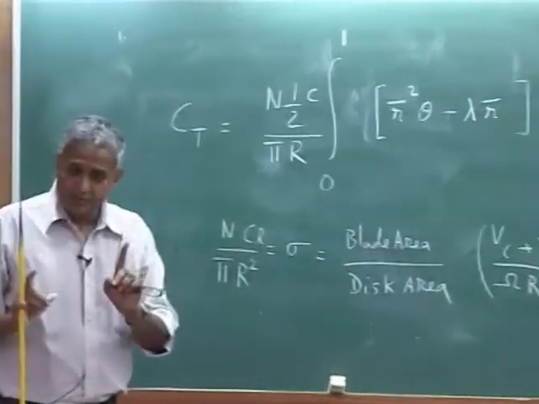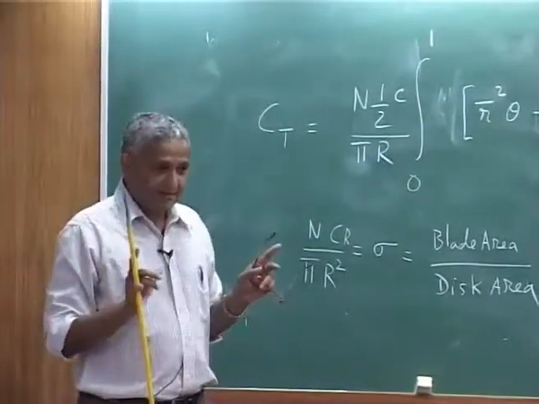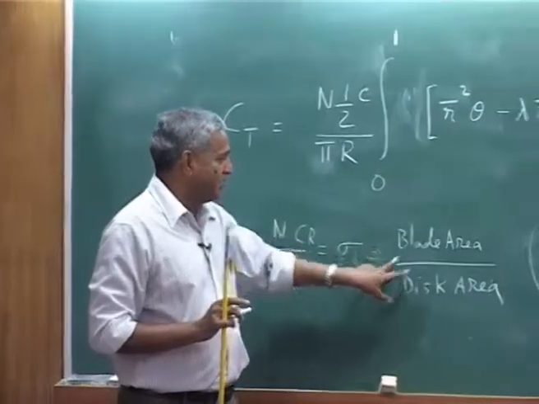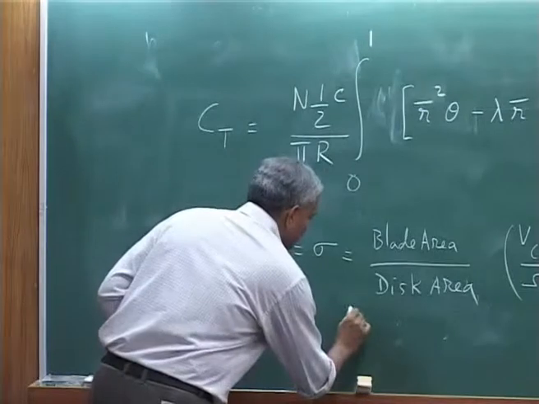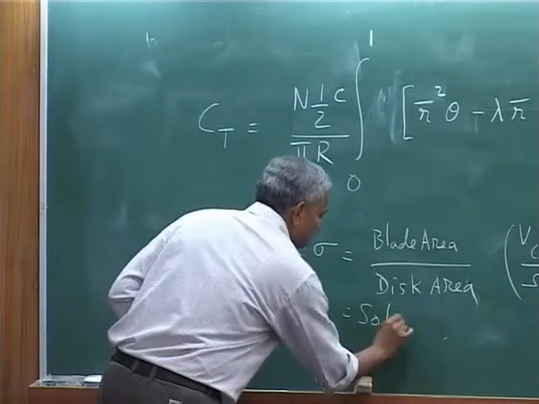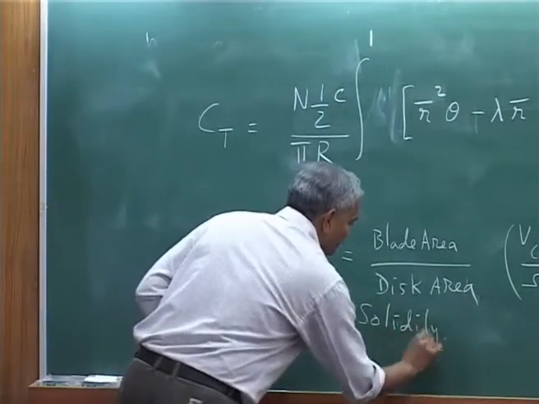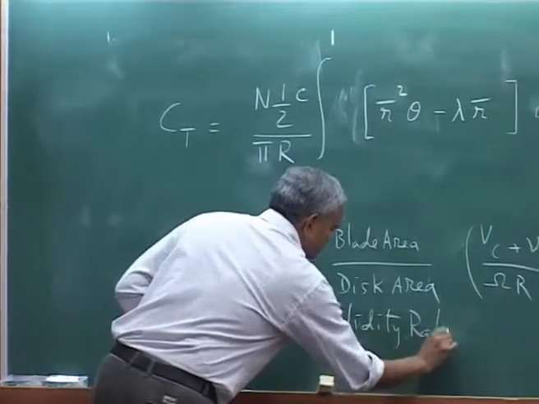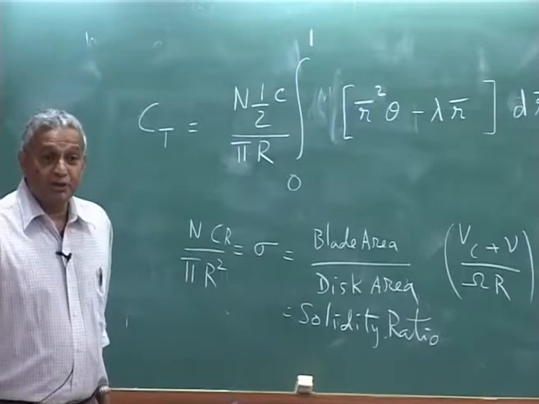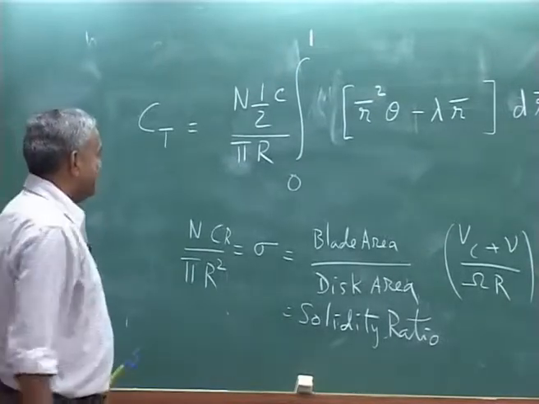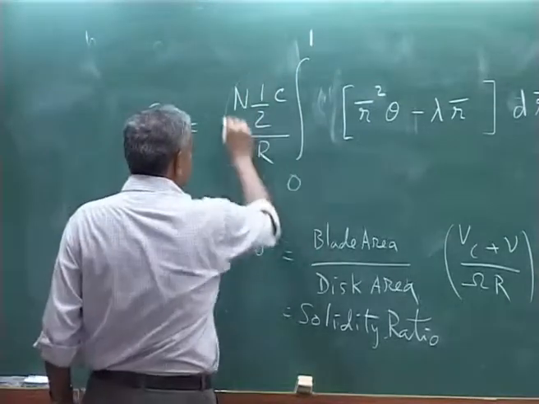Please note all blades are identical. So, you will have sigma, blade area over disc area, this is called solidity ratio.